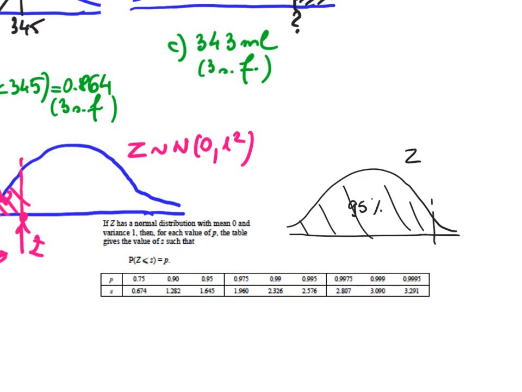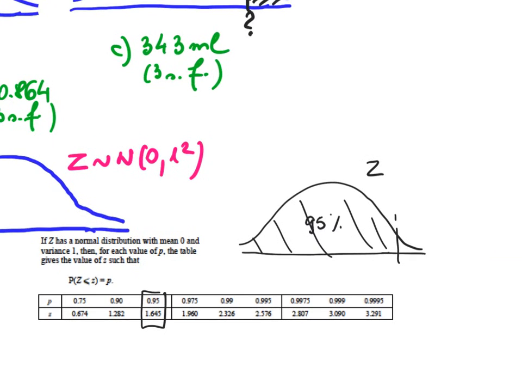So 95% gives me 1.645. And then I know that the 5% to the left gives me a point that is symmetric to this one by the mean. But in the case of normal distribution with 0, 1 squared, the mean is 0. So this point will be minus 1.645.